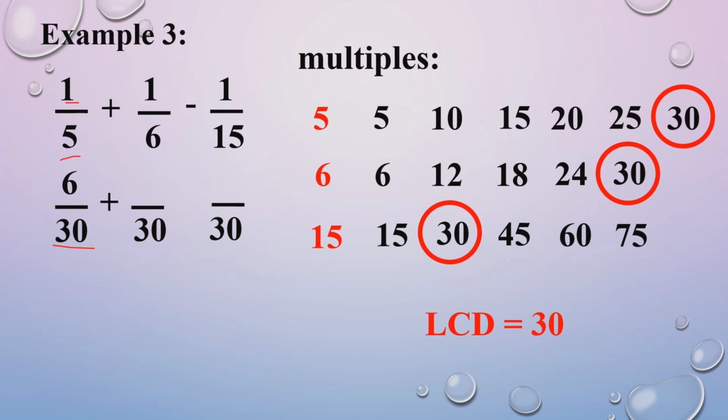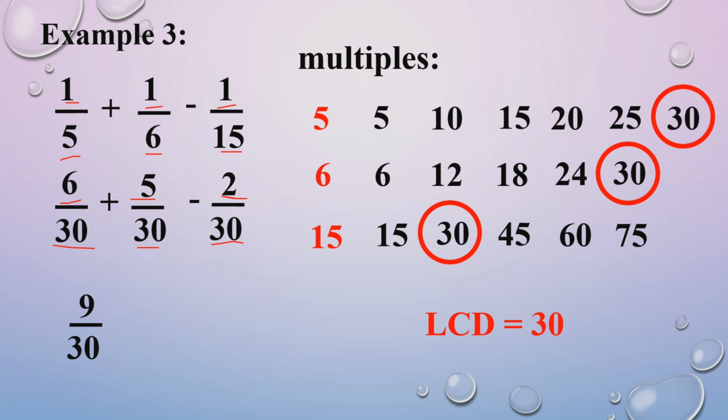Plus 30 divided by 6, that is 5, times 1, 5. And then minus 30 divided by 15, that is 2, times 1, 2. Now let us solve. 6 plus 5, that is 11, minus 2. So the answer is 9 over 30.